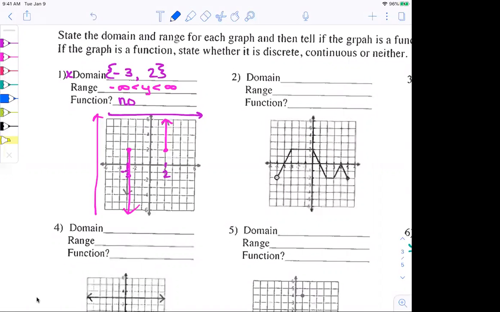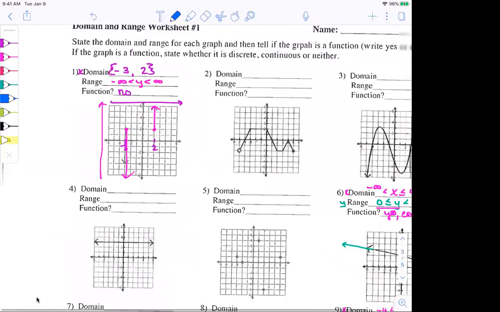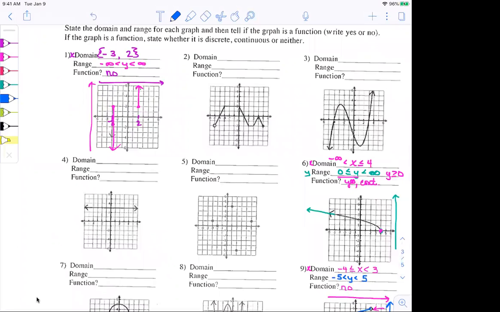We're going to need that range and the domain to help us create these graphs. So are there questions? Again, we're going to have more practice on domain and range tomorrow, more explanation, more practice on Friday.